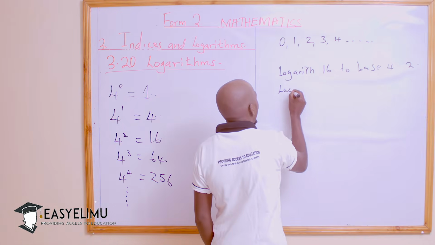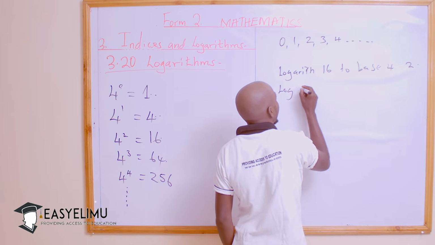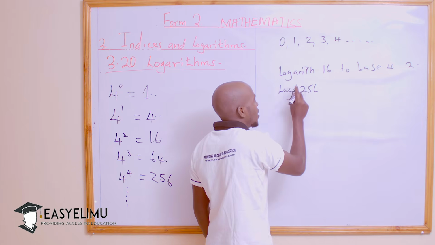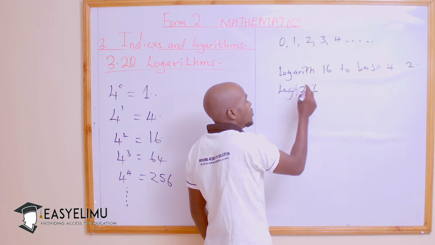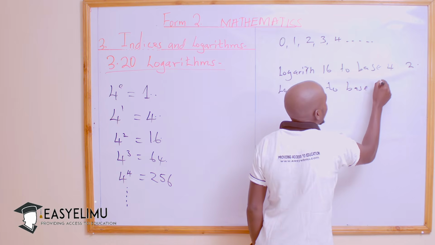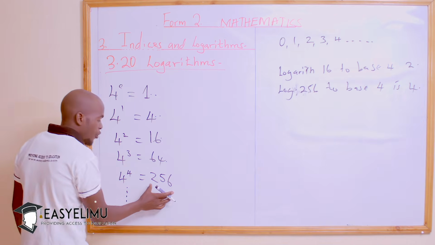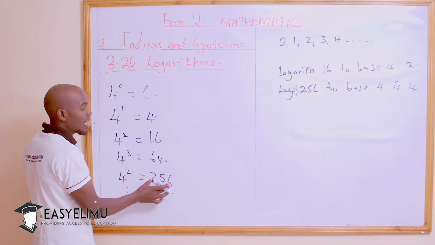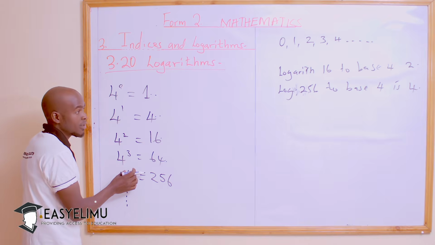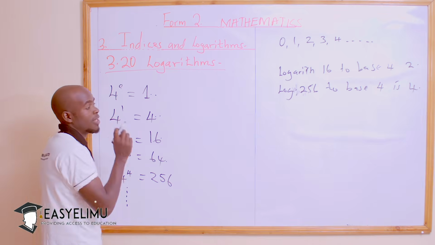And the logarithm of, let's say, 64, but let's say 256. Logarithm, we can write in full, but I'll write in short form. So the logarithm of 256 to the base of 4 is 4. As we can see, here we have 256. So the logarithm of this 256 to the base of 4, we shall find is 4.